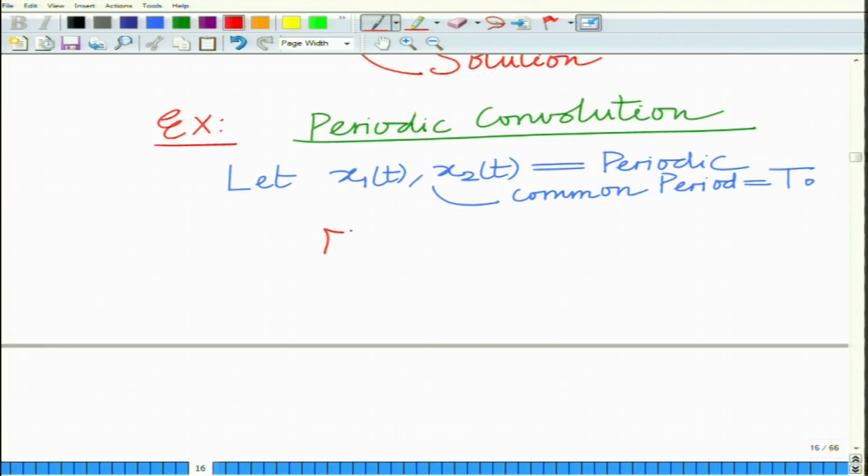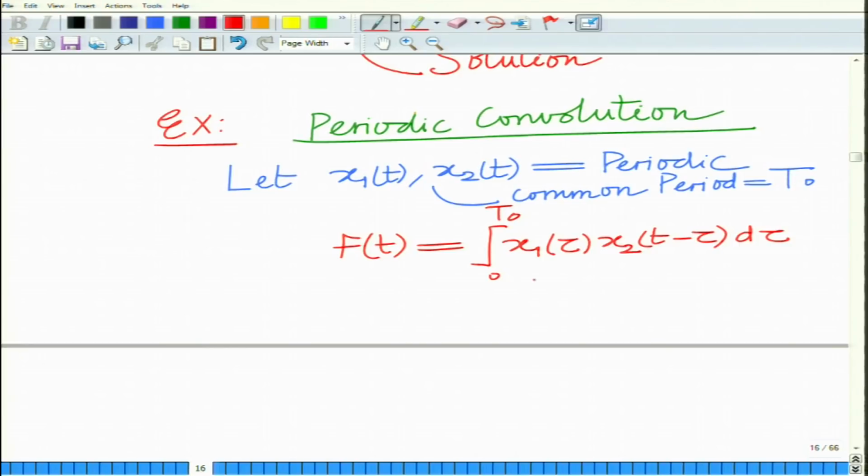The periodic convolution f of t is defined as the integral from 0 to T naught of x1 tau, that is convolution over one period, x1 tau x2 t minus tau d tau, and it is represented as x1 t with this kind of a symbol x2 t. This is termed a periodic convolution.